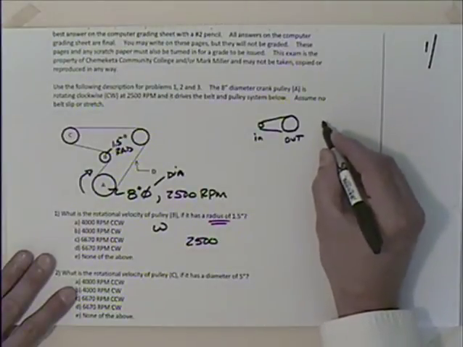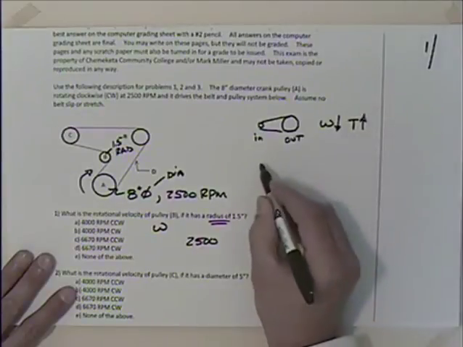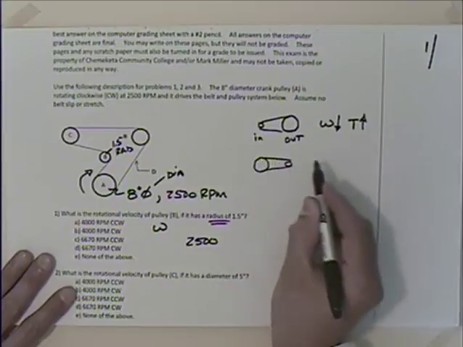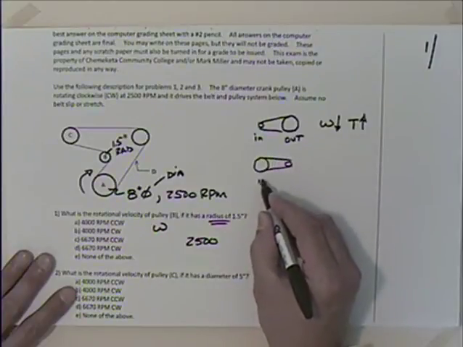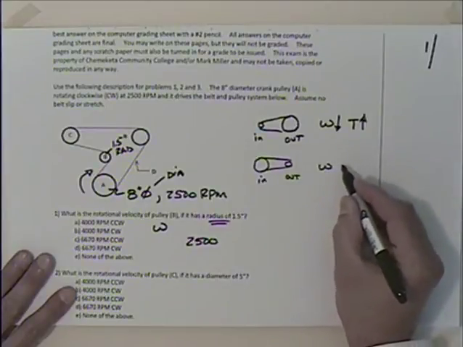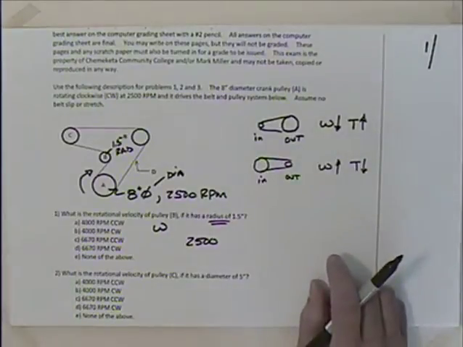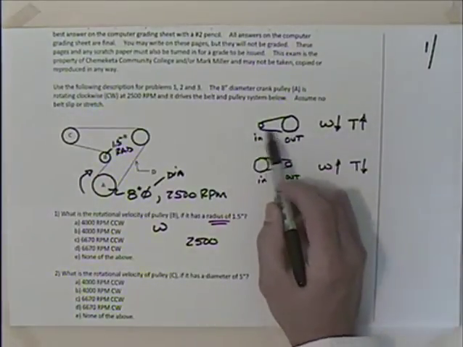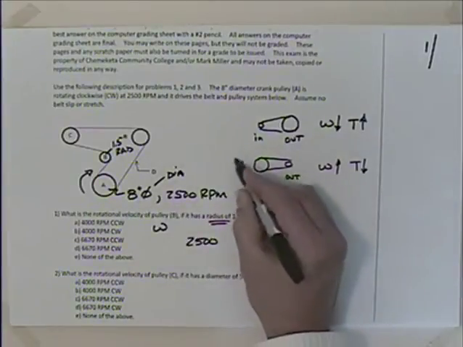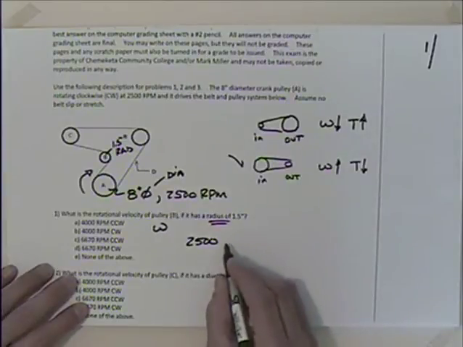So the speed, omega, dropped and the torque would increase, whereas if we have a large driving a small, so we'll put the input on this and the output here, omega is going to increase and the torque will drop. So anytime that we have a small driving a large, it slows it down. A large driving a small, like we have here, we're going to expect it to speed up. And what's it going to speed up?